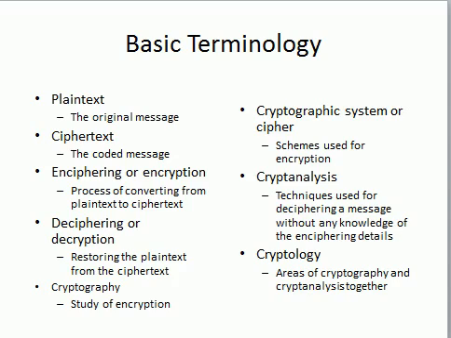So enciphering or encryption is the process of converting the plain text into the ciphertext. On the destination side, you have to get the message from the encrypted message, and the technique used is called decryption. It is restoring the plain text from the ciphertext.